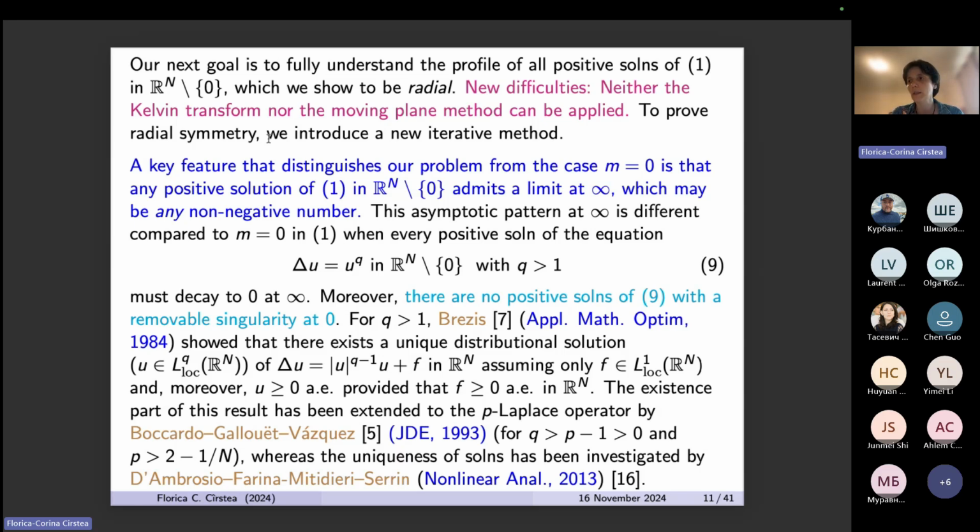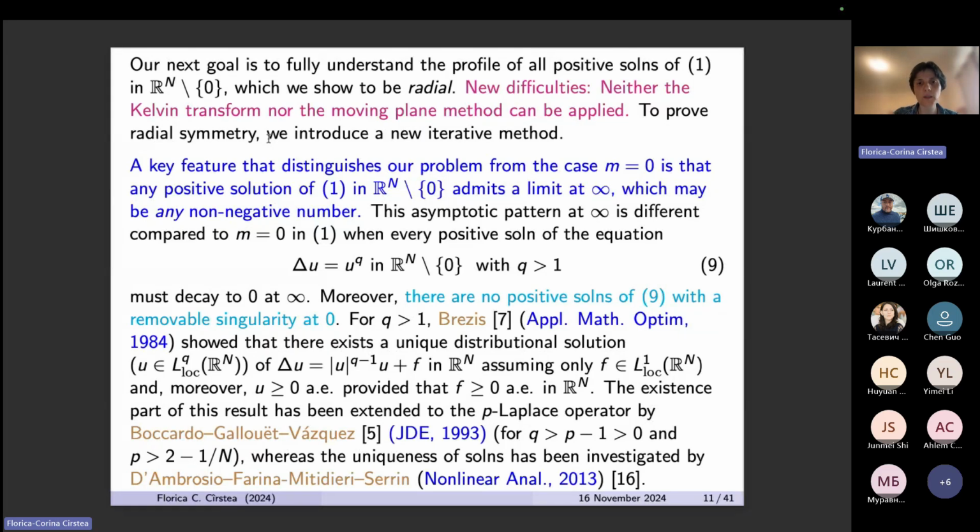Why? Because you can see clearly that any non-negative constant is a solution. The Laplacian of a constant is 0, and u to the q times the gradient of u to the m is 0 since m is not 0. So immediately any non-negative constant is a solution. This has an important influence on the behavior of the solutions at infinity.